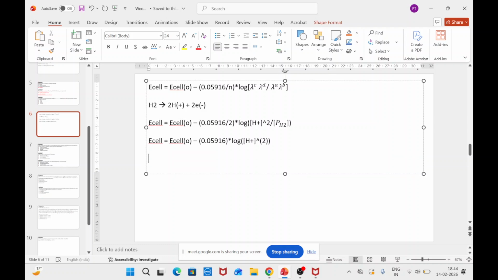So E cell equals E cell naught minus 0.05916 times log of H plus ion. Is this fine?